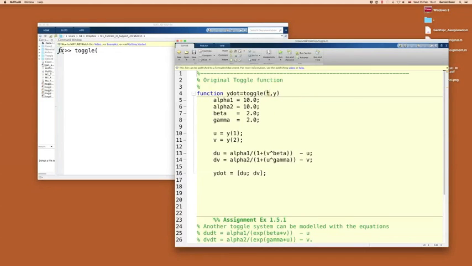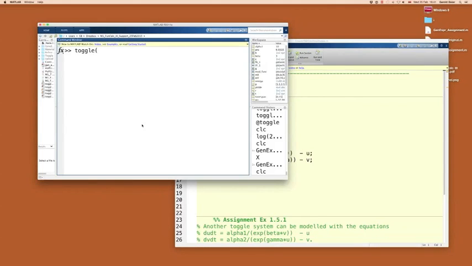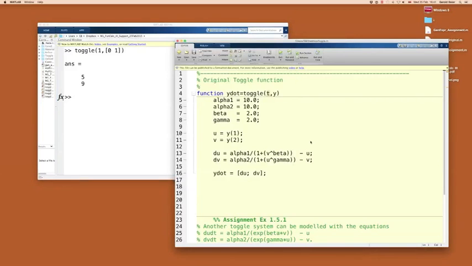We know that it takes a time and it takes a y, and then looking into this function, y must have two elements. So we could have two variables. We could set a time of 1 and a y with 0 and 1, say, and then that will run, and that will give us an answer. But that's not really what we're interested in, because this is a differential equation.